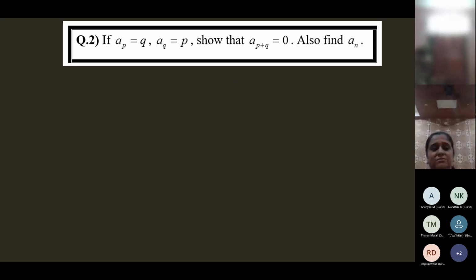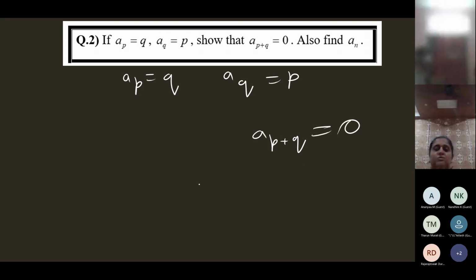I've used symbols, that's why I'm reading it for you. If the Pth term is Q and the Qth term is P, then show that the P plus Qth term is 0.